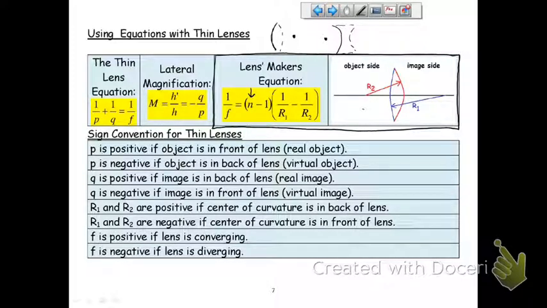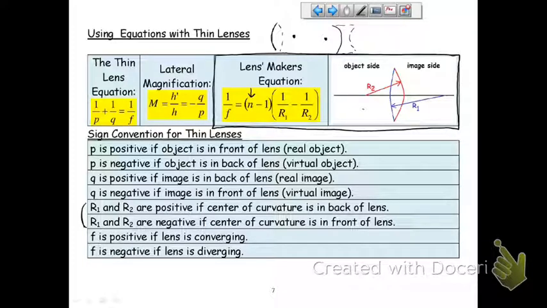So I've got to take into account whether this radius is in front of the lens or behind the lens. And the way you do that is down here: R1 and R2 are positive if the center of curvature is at the back of the lens, and R1 and R2 are negative if the center of curvature is at the front of the lens.